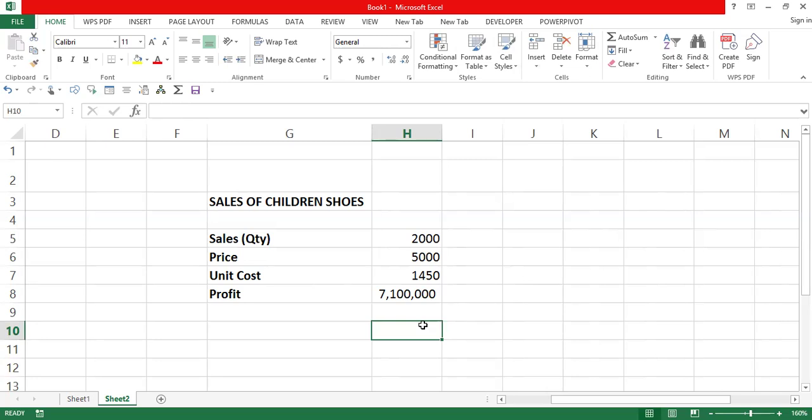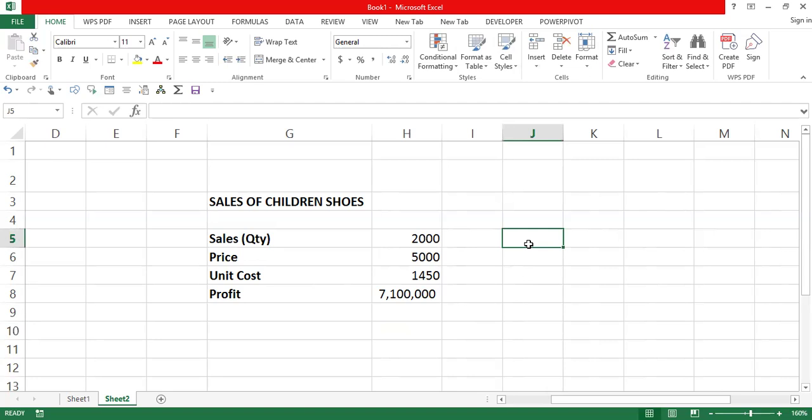The quantity is 2,000, yes. Then the price at which it will be sold is 5,000. Each item will be sold for 5,000, yes.